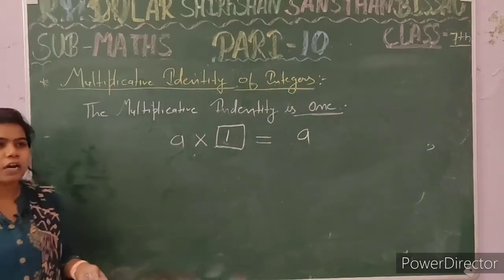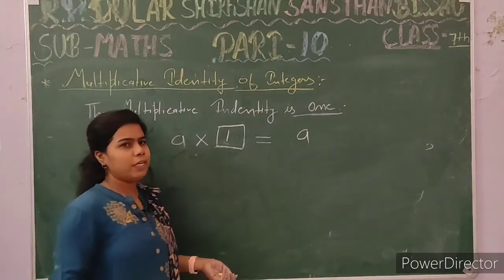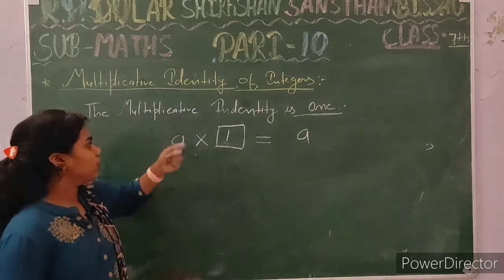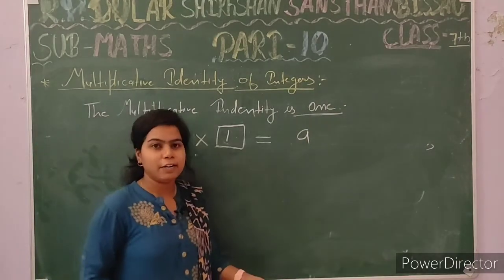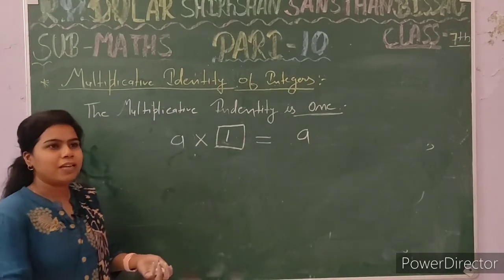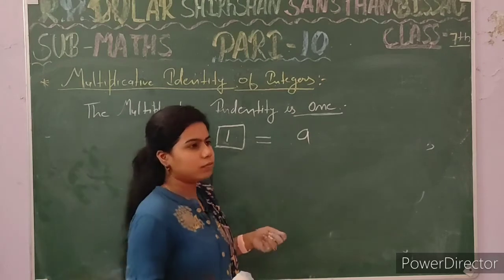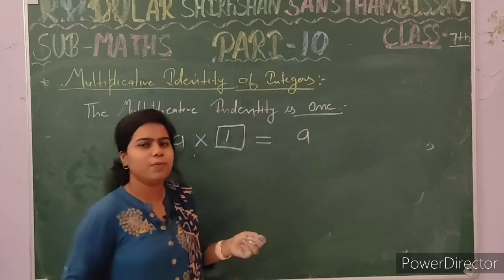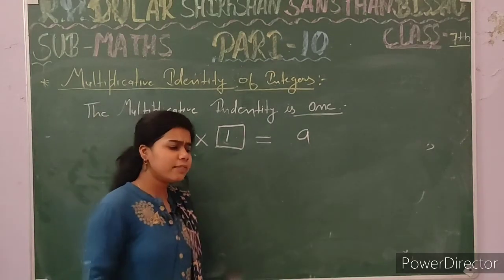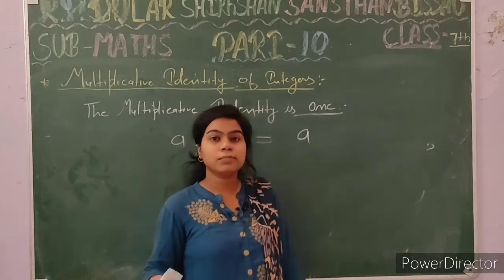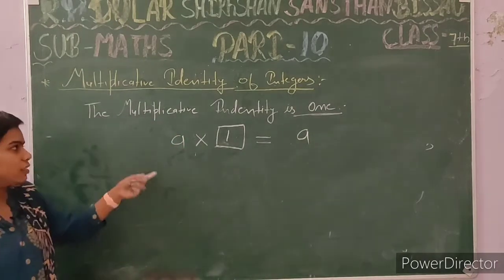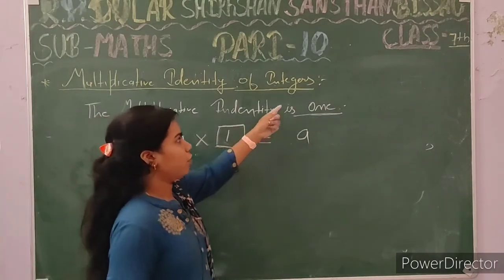Short type questions in the exam will be optional questions, such as: what is the multiplicative identity of integers? The options are 1, 0, -1, -2, -3. Whatever is given, the right answer is 1. Sometimes they will also ask you to explain how 1 is the multiplicative identity of integers.